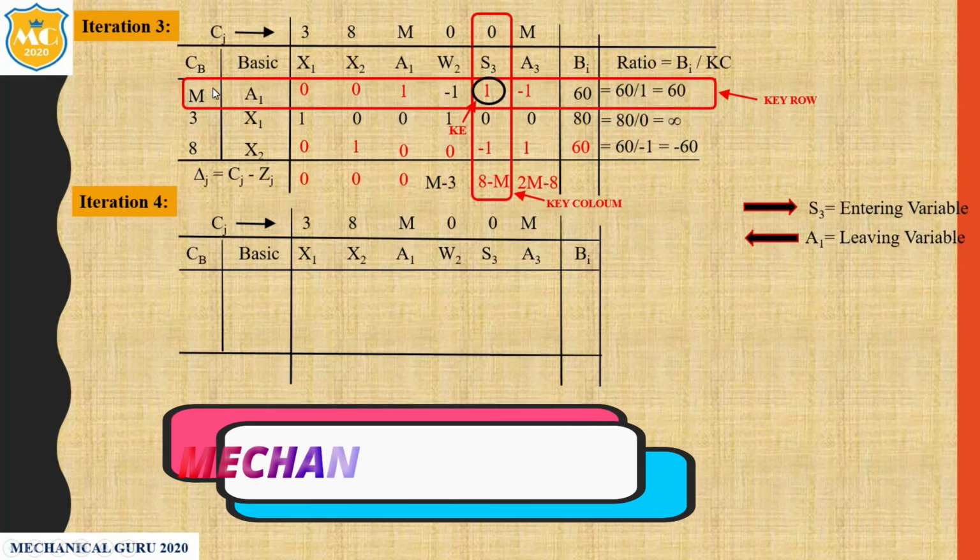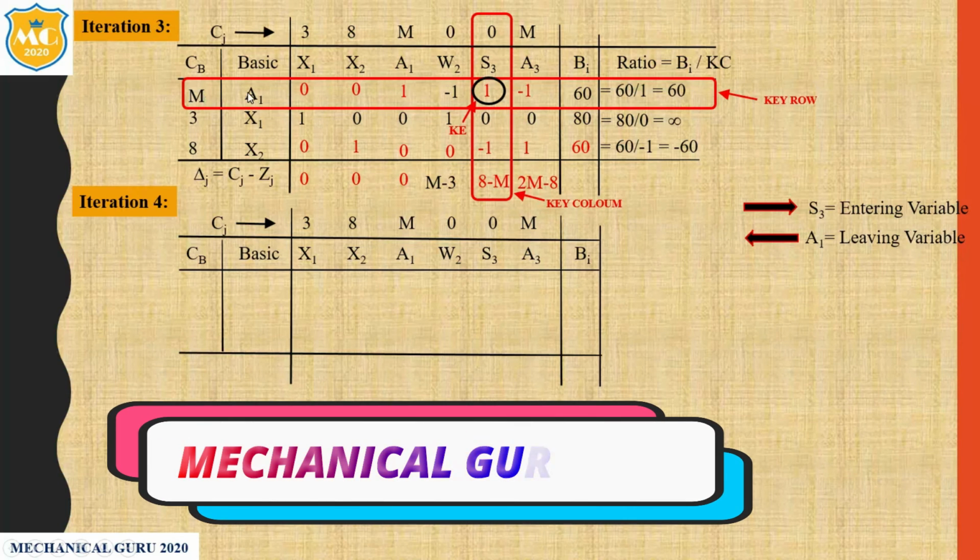So first we have to replace this value: in place of A1 we have to write down 0, S3. The remaining variables, that is x1, x2, as it is, similarly cost as it is. So first we have to replace this key row value, same equation we have to use.